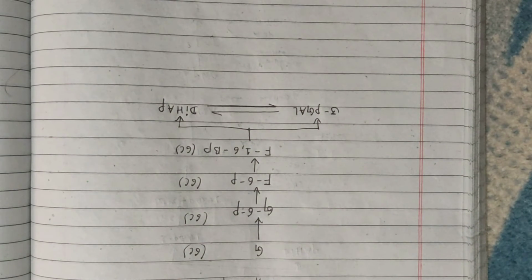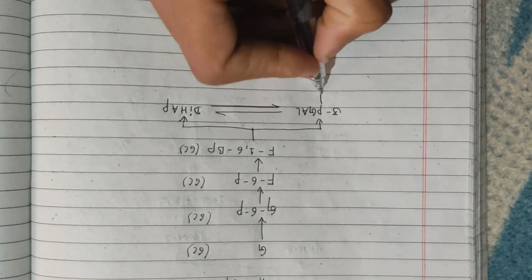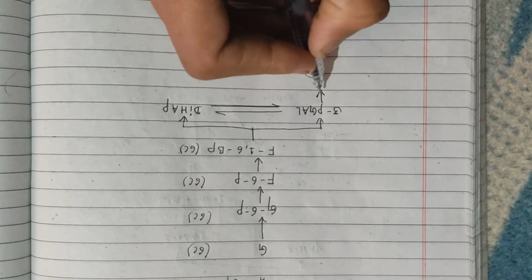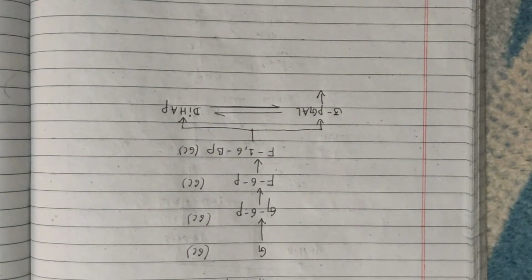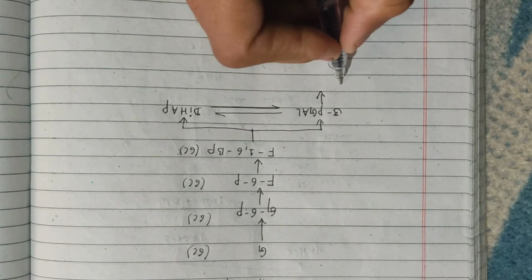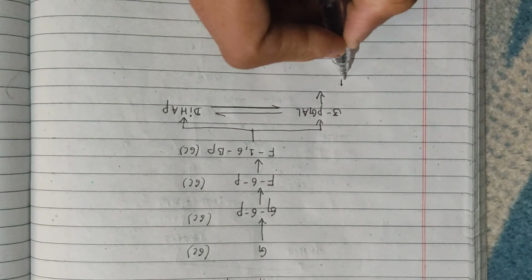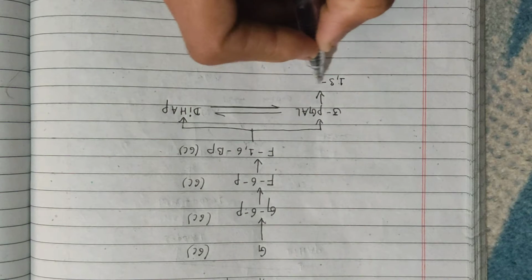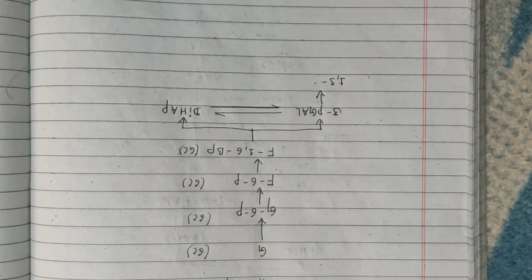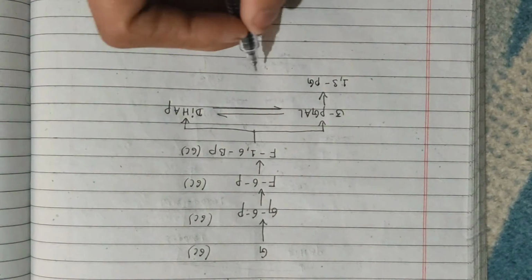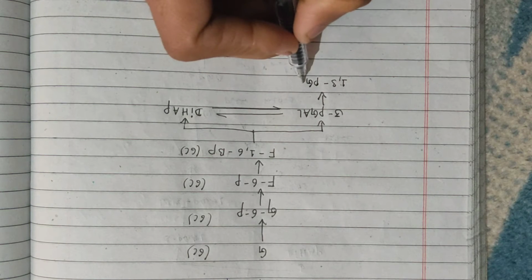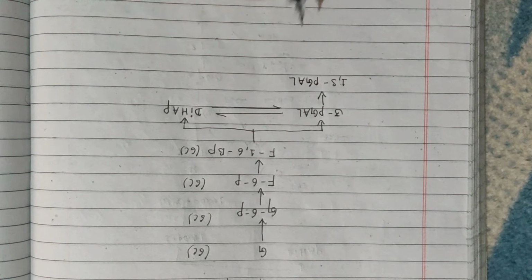So 3-PGAL will be converted into 1,3-phosphoglycerol aldehyde.